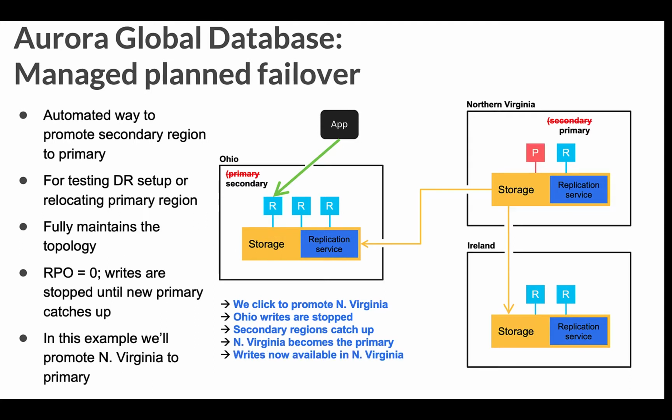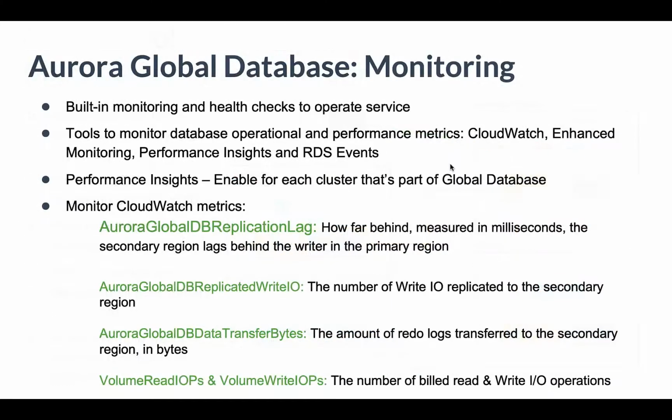Now it can accept the write workload. And then you need to point your application to the Northern Virginia cluster endpoint and you're good to go. So everything here is managed for you, outside of your application needing to be repointed to Northern Virginia's cluster endpoint for its writes.